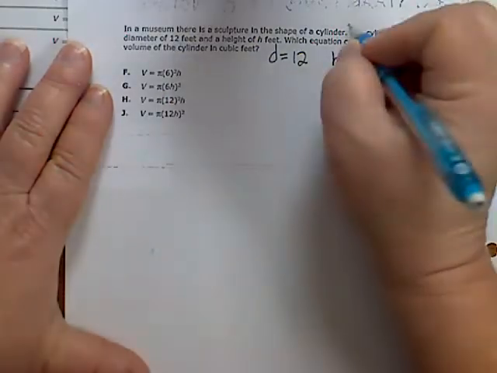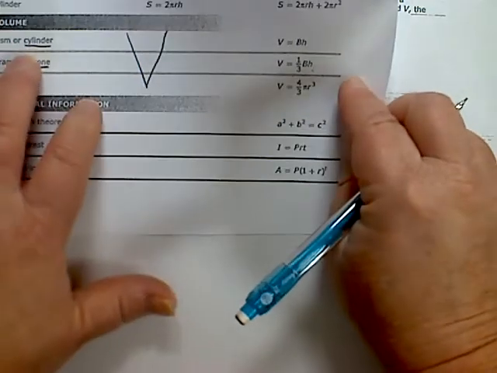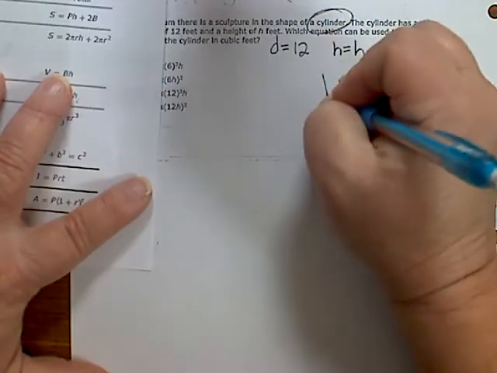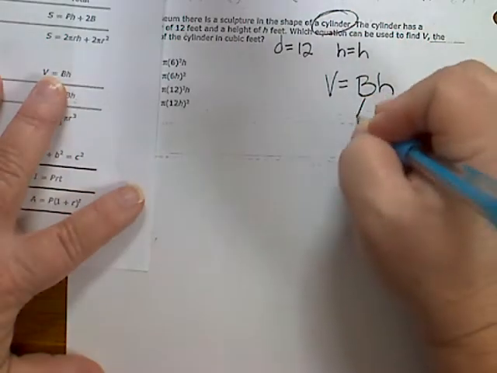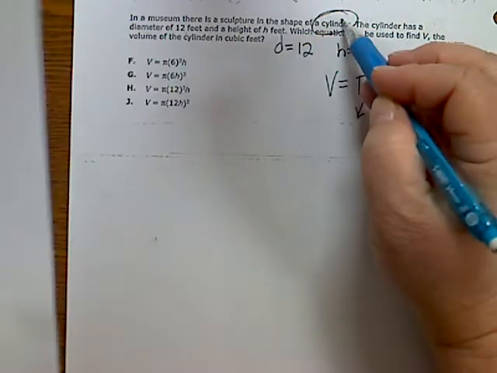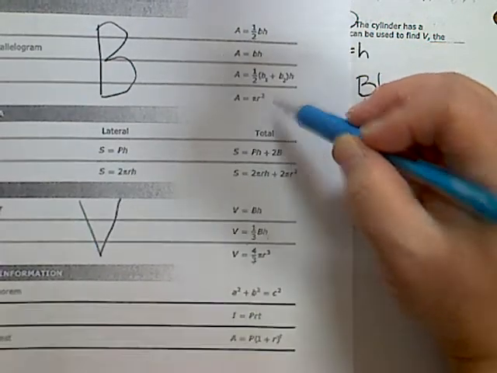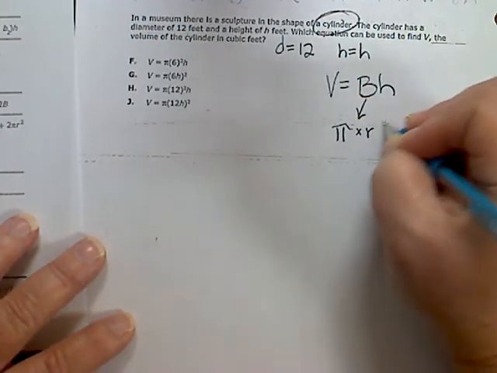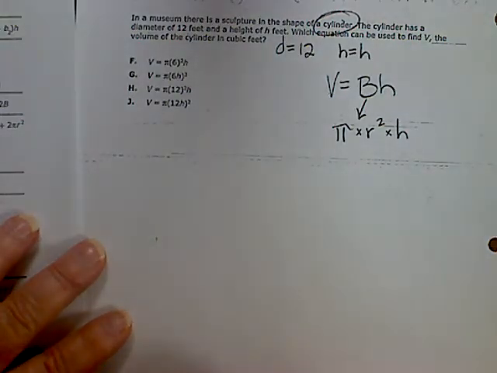So first, I've got a cylinder, so I'm going to go to my formula chart, and I'm going to say for a cylinder, I need V equals big BH. Then I'm going to plug in what on a cylinder is my base. It is a circle, so I'm going to plug in pi times r squared times the height. Okay?